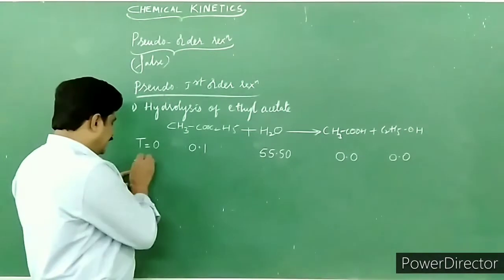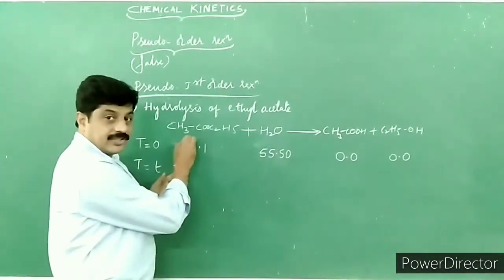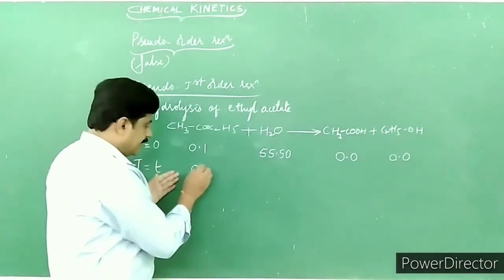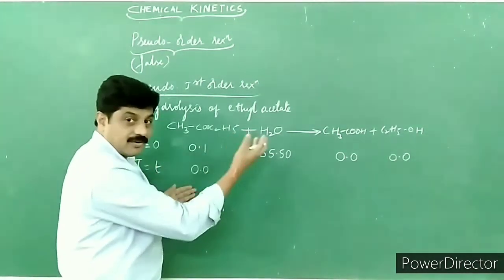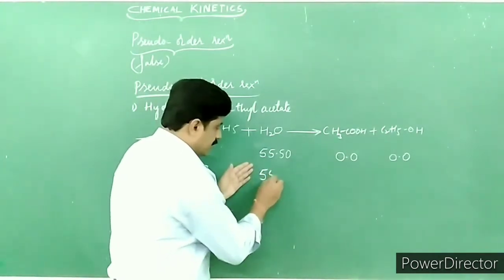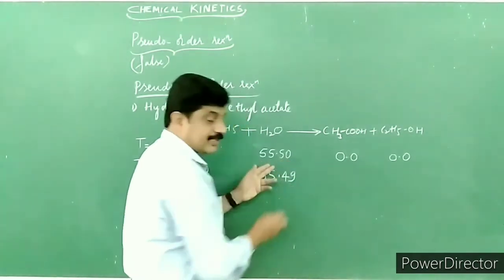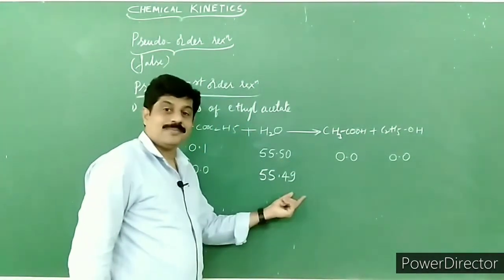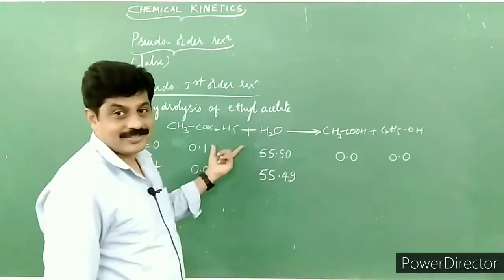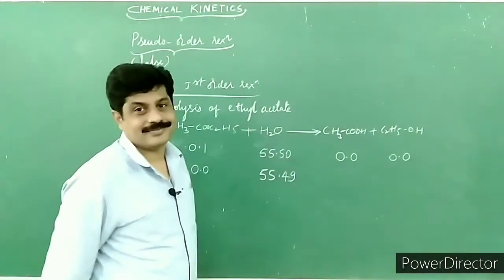Now remember, at a time t, the concentration of ethyl acetate becomes 0. The reaction has already completed. Now look at here, how much water is consumed here is only 55.49. That means 0.01 molar concentration consumed in this reaction, children. That means you have taken water in a large excess.